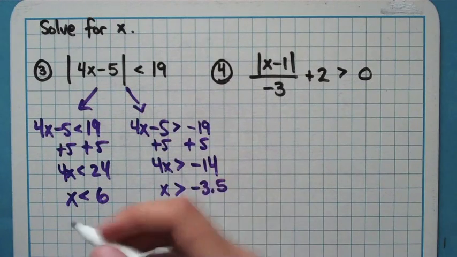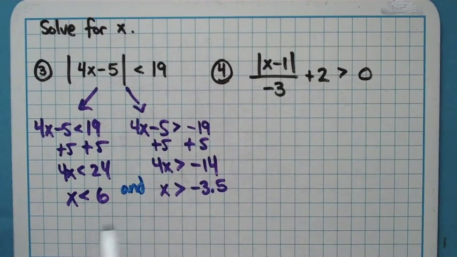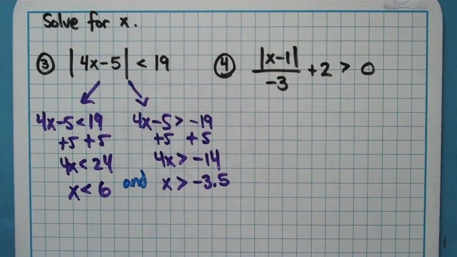If this is a sandwich problem, remember first of all, less than sandwich, we have to write the word and right here. We have to do 1 extra step on these problems because I don't like leaving answers like this. This is not how you would see it on a multiple choice test. It's just not good form to leave it here. So all I'm going to do is make a little sandwich out of it and finish my problem.